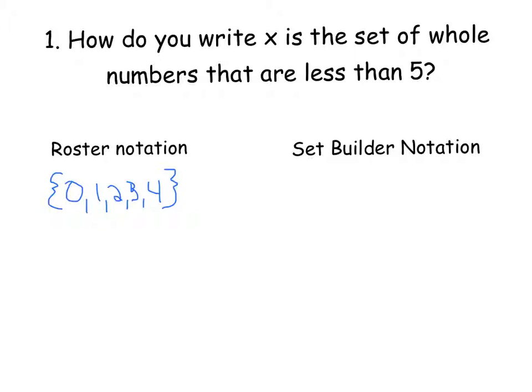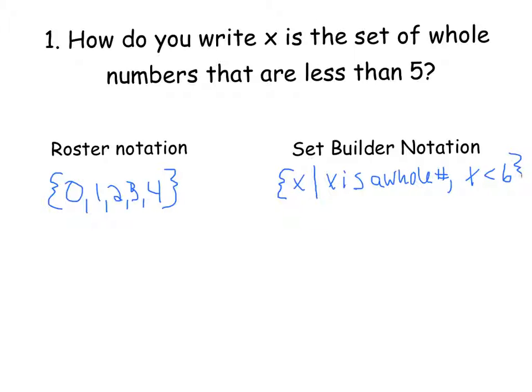Set builder notation still starts with the brace. And then we have our x and that straight up and down line. And then we just state that x is a whole number and x has to be less than 5.